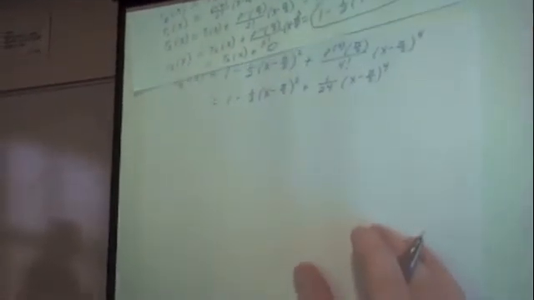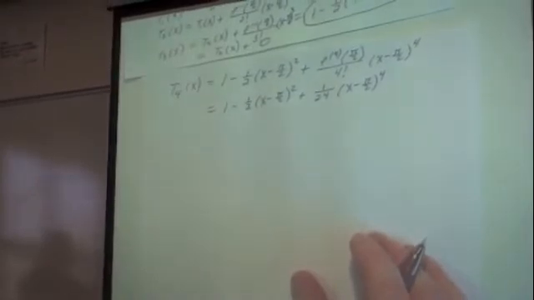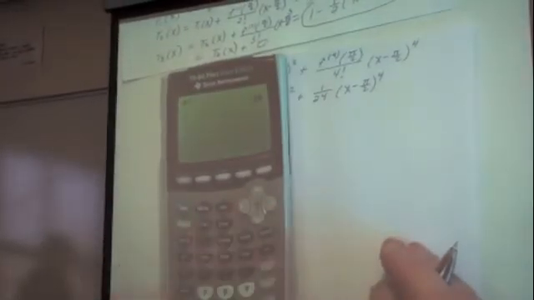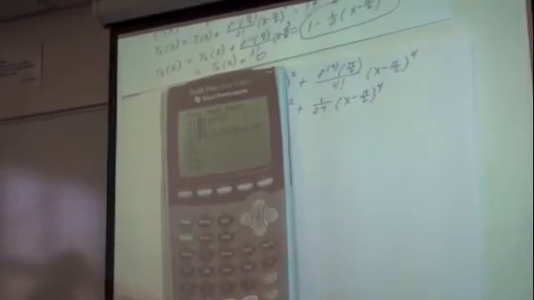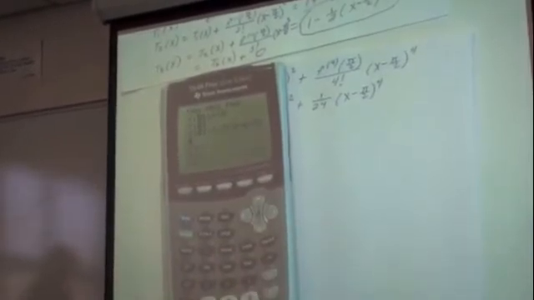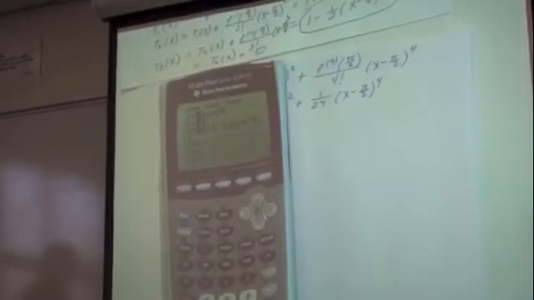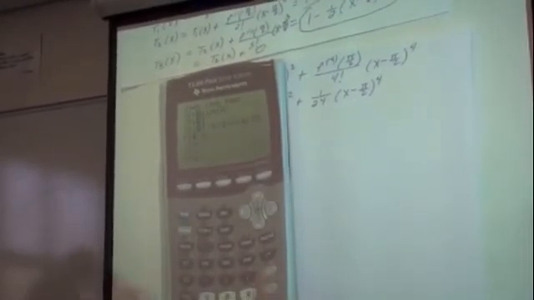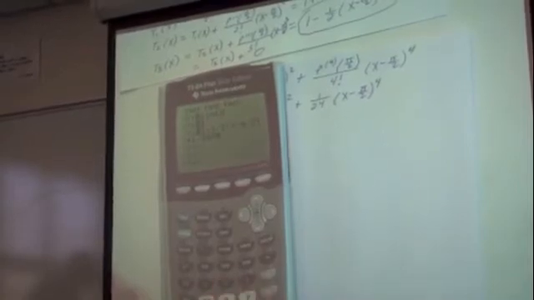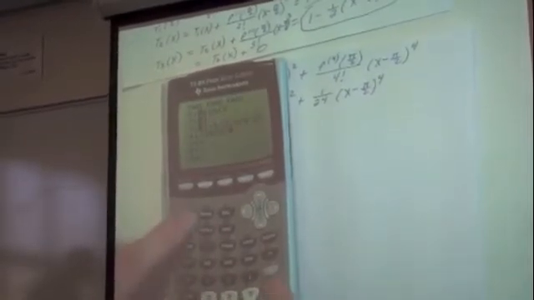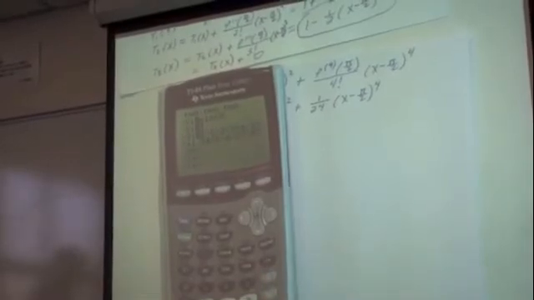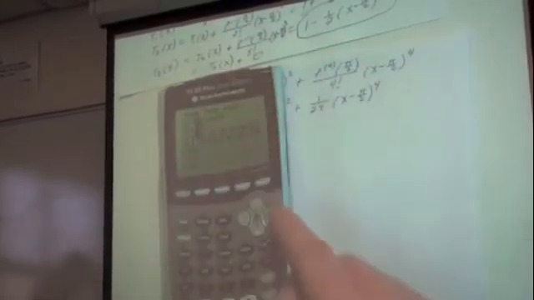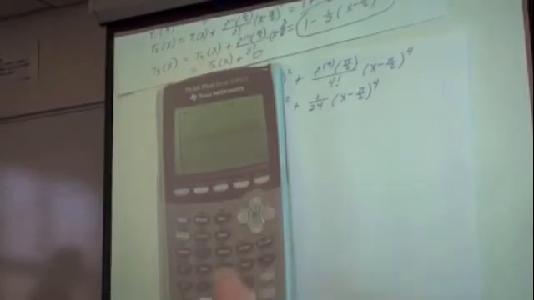Now, my goal is to see, did this improve the situation? So I'll go into y equals, and I'll go down here and I'll say, well, the fourth Taylor polynomial was this second and third Taylor polynomial plus 1 over 24 times the group x minus pi over 2 raised to the fourth power. This better be a better approximation.